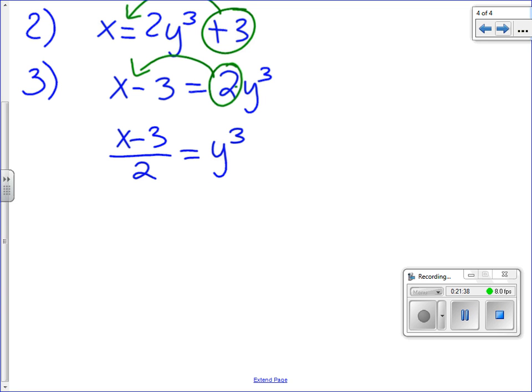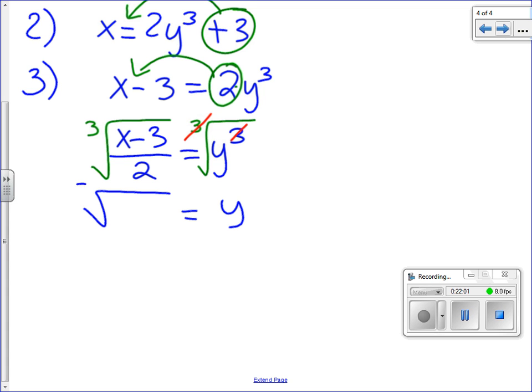So how can we undo that? We're going to take the, not the square root, the cube root. We do that to both sides, and the cube root will undo the cube. In other words, they will cancel each other because they're inverse operations. And so the inverse function becomes that.